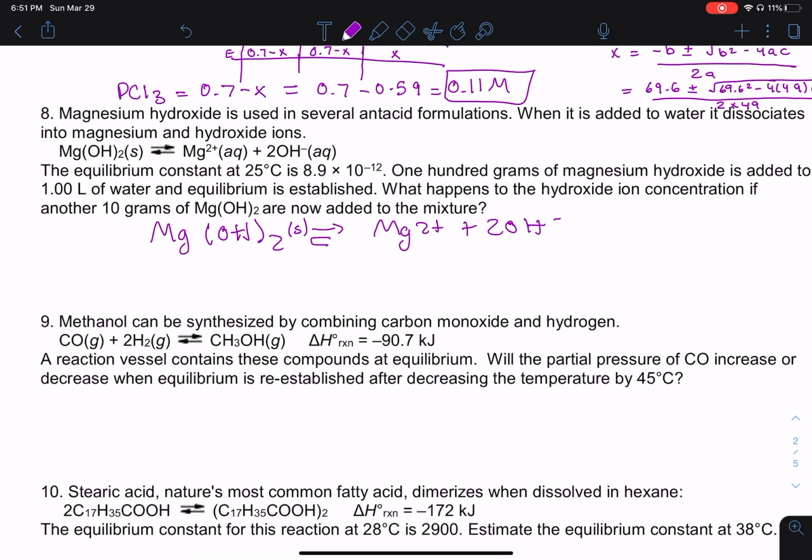So nothing's going to happen. It will remain the same, it will be unchanged. So that's just a conceptual question that you need to know, because equilibrium is based on a lot of conceptual stuff, and it's one thing to know the calculations, and it's another thing to know the theory behind it.